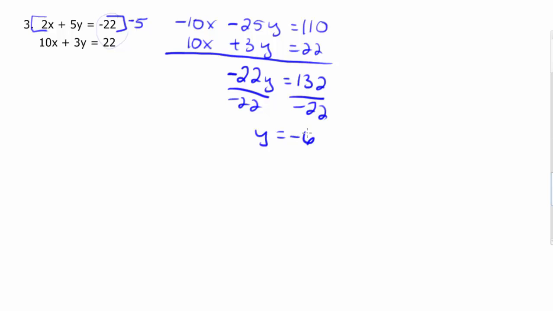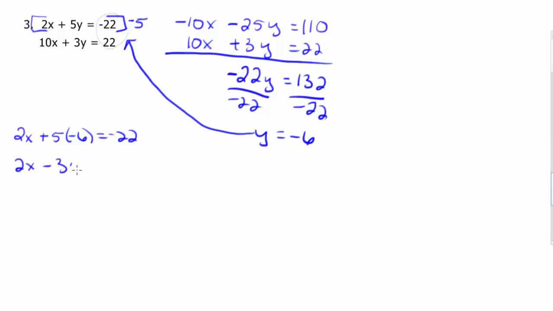Then you take your negative 6 and you plug it back into one of the originals. Don't plug it back in here. Plug it into one of the originals. Again, it doesn't matter, whatever you think's the easiest one. 2x plus 5 times negative 6 equals negative 22. 2x minus 30 equals negative 22.